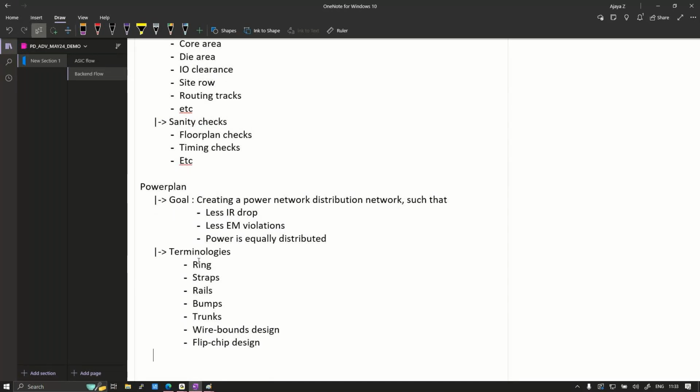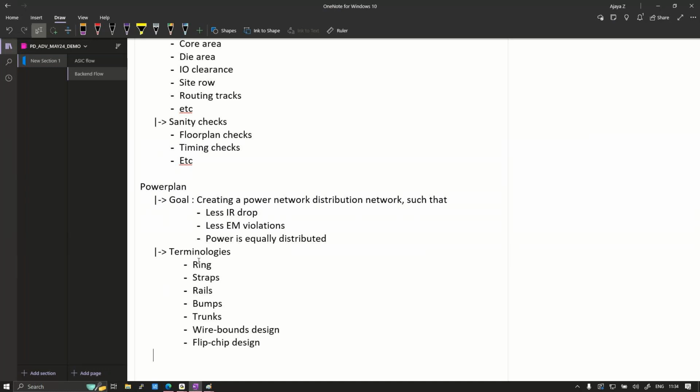Okay, so there was a question actually when we went for a break: what is the purpose of the UPF file in this particular power plan stage? Now, as I'm going to be creating a power network distribution system, based on the voltage requirement of that particular design, I need to create those power networks.